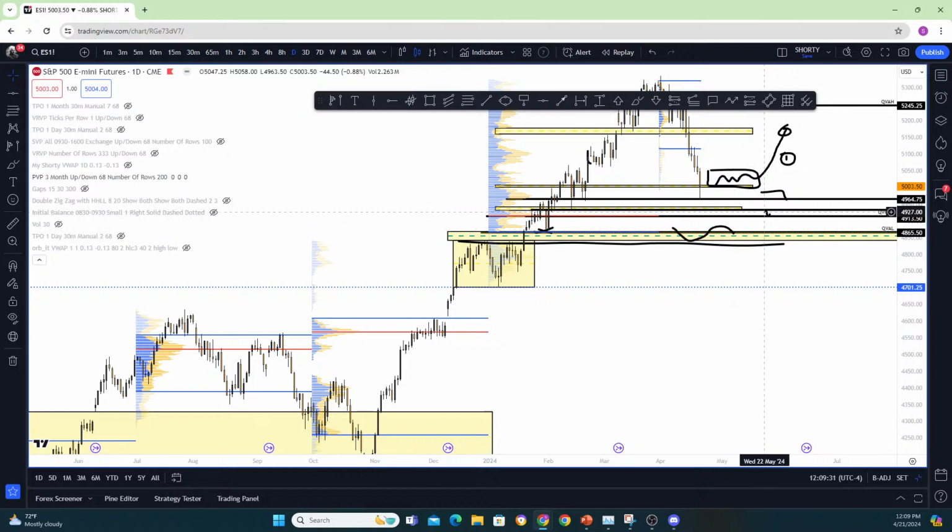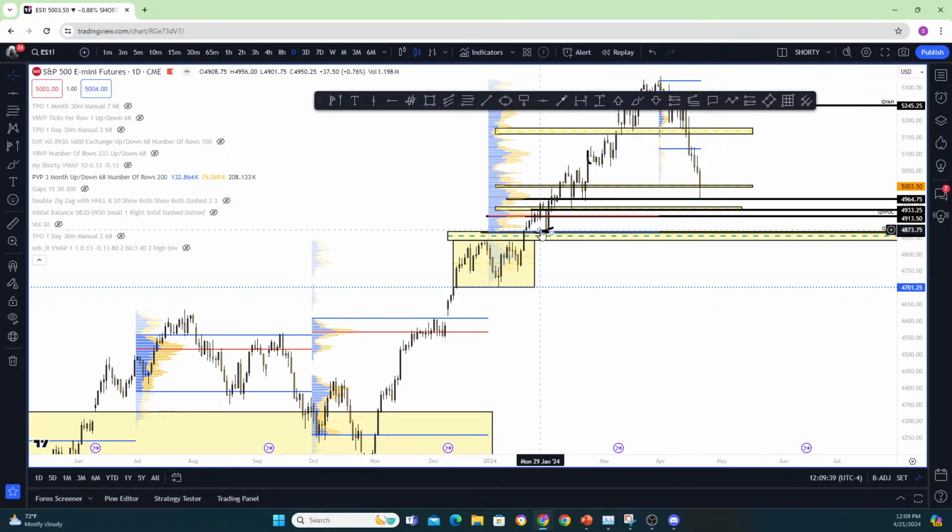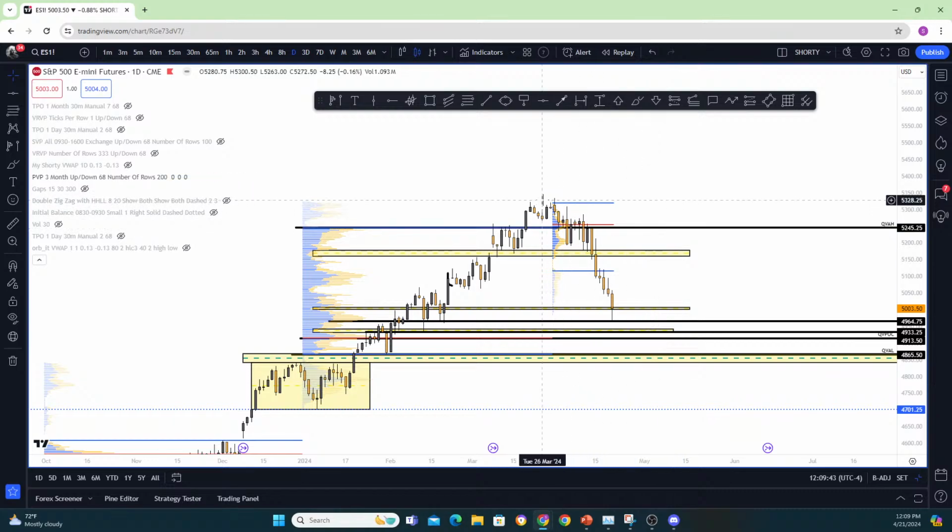So when you have a low or a high, you want to make sure that you're seeing single prints showing up. If it's a poor high or poor low, like we have here, I mentioned it earlier, is this an excess high here? No. So let's take a look at it.